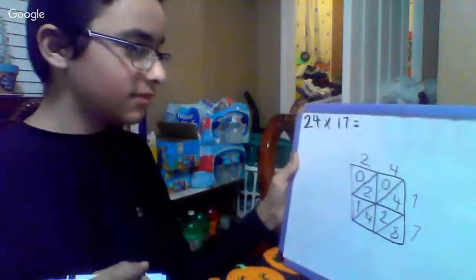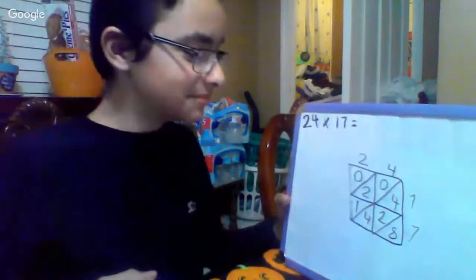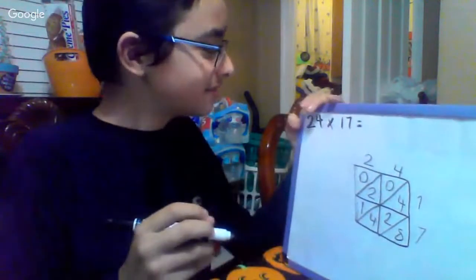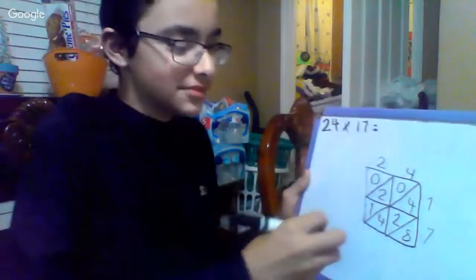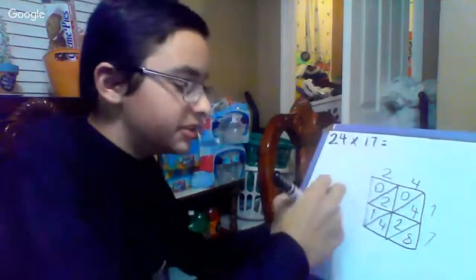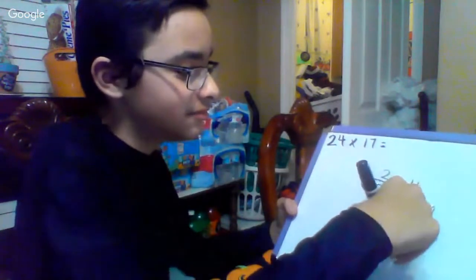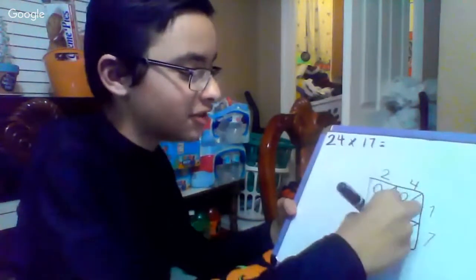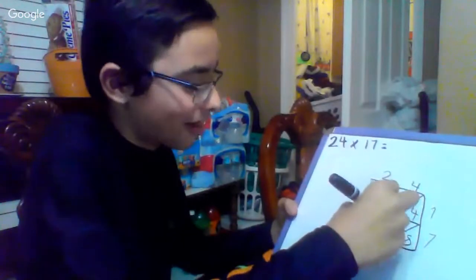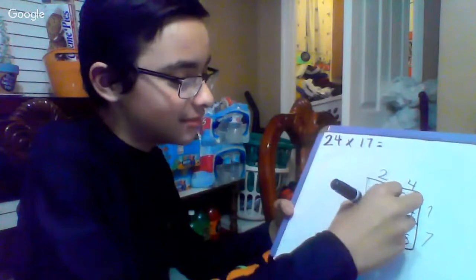Now what do you do? Now we've multiplied, but how do we get our final answer? Now what you do from here is addition. You need to take each diagonal row and add its digits together. So you'll start off right here, which is 8, which equals 8.